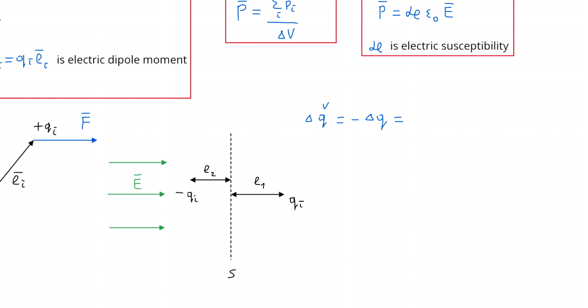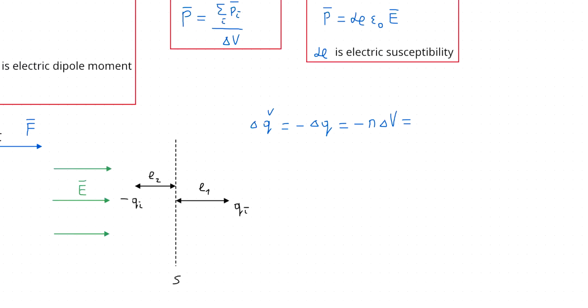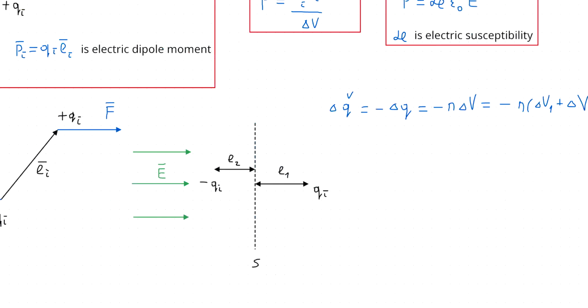It will be minus concentration of electric charges multiplied by delta V, where delta V is delta V1 plus delta V2. And what are delta V1 and delta V2?